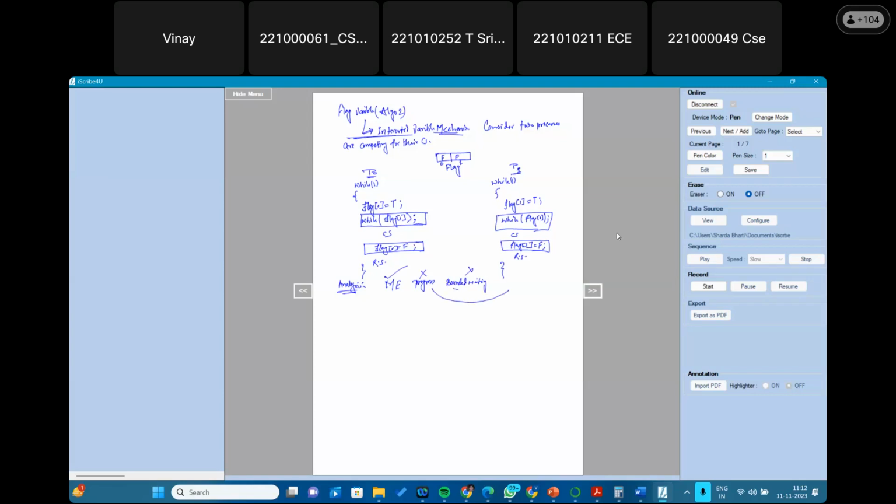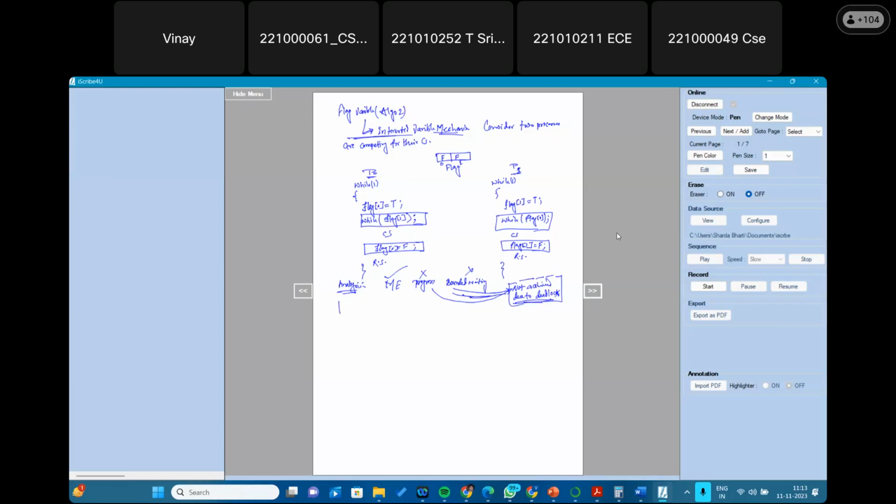So progress and bounded waiting are basically not achieved due to deadlock. Okay, so we'll see how deadlock breaks the popularity of this algorithm, right?